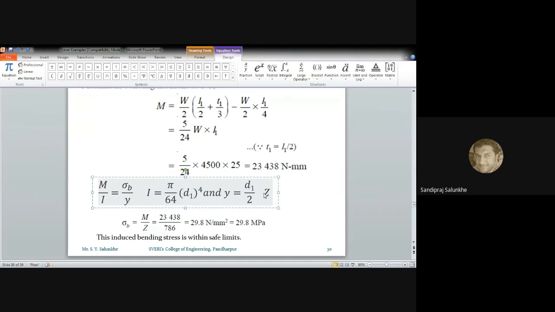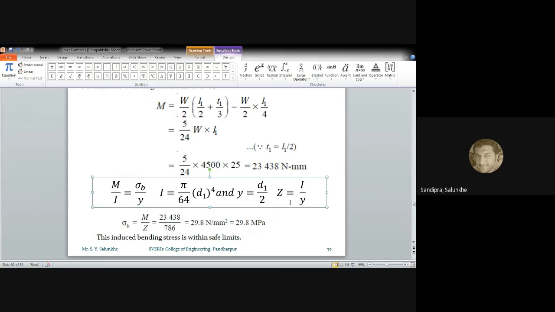The Z is section modulus and is calculated as moment of inertia divided by y. What will be the section modulus for this pin diameter d1? Have you calculated it? What value are you getting?